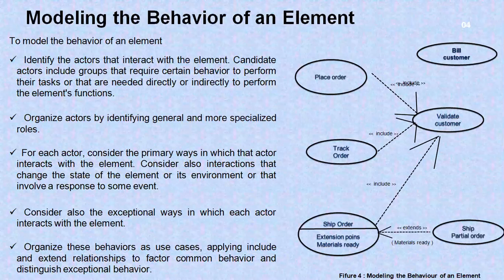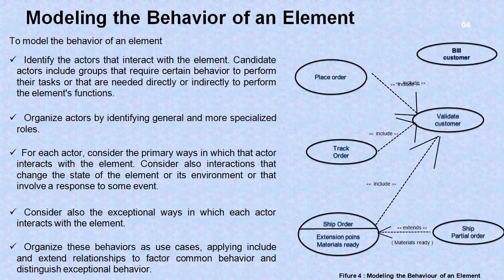Then organize these behaviors as use cases, applying include and extend relationships to factor common behavior and distinguish exceptional behavior. For example, a retail system interacts with the customer who places and tracks the order. That is, the system will ship orders and bill the customers.